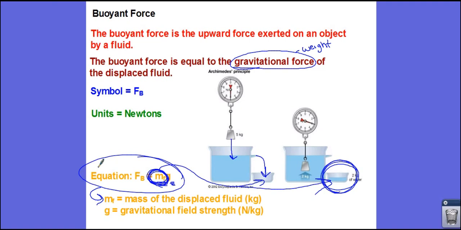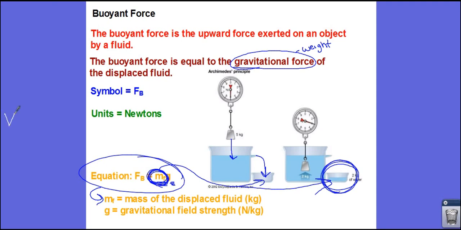Okay, so the balloon is in the air. The fluid that's displaced when you blow up the balloon with helium is air. It gets moved out of the way. All right, so we have to find the mass of that, and we often do that using the volume. Okay, so what volume do we use?